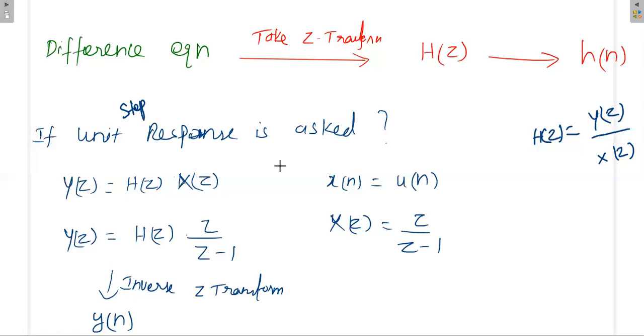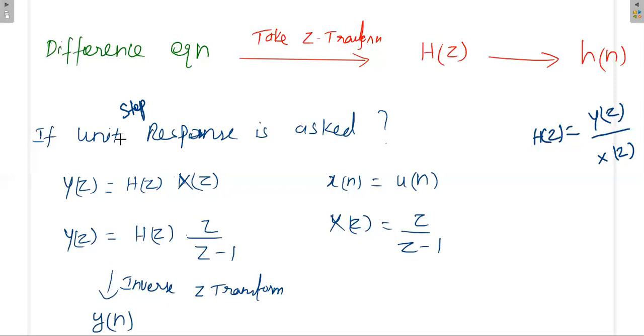What is the response when the input is a unit step? So x of n is equal to u of n. If we take the z transform, X of z is equal to z by z minus 1, which we multiply with H of z. Then again you take the inverse z transform, and we can get y of n.